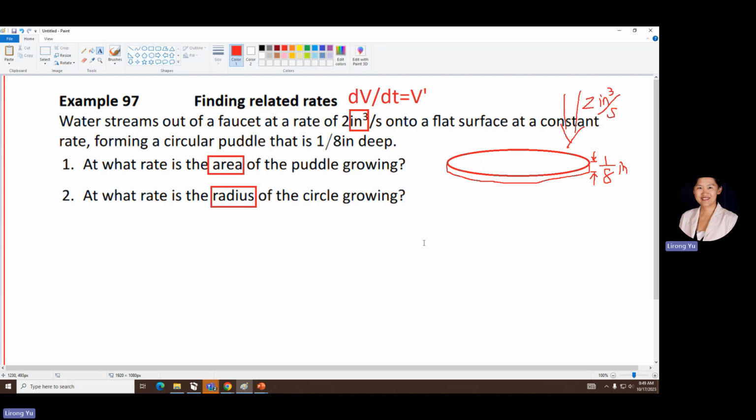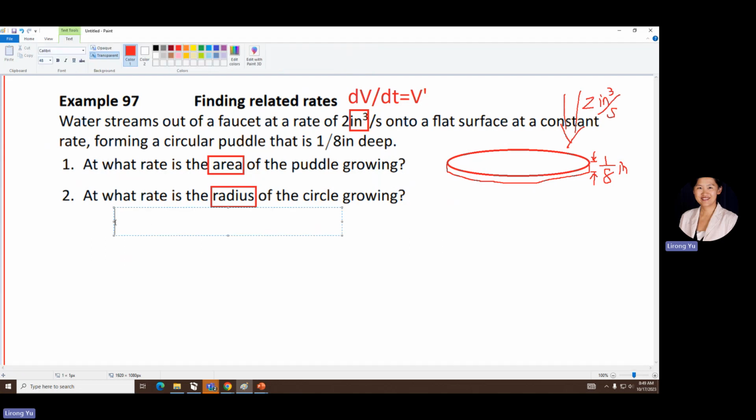All right, so let's try to look at the quantities in the question. Volume, we have area, we'll just use A for area, and then we also have radius.